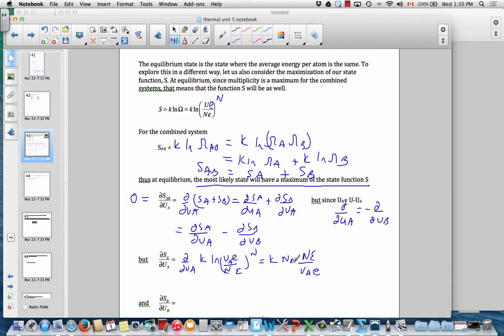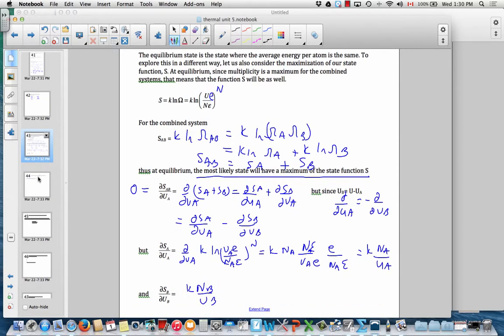And all these, by the way, should be NA. And then you've got to multiply by the derivative of the inside. I'm doing the derivative with respect to u, so I just get E over NA epsilon. And so that simplifies to K NA over UA. So I expect when I do the derivative on the second block, it'll again be K NB over UB.